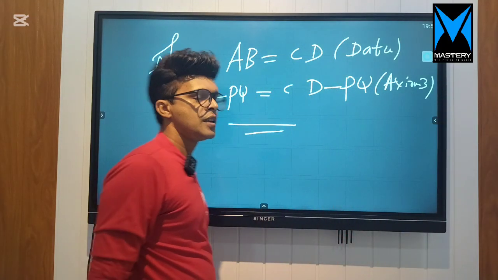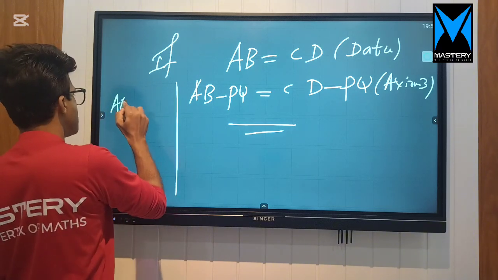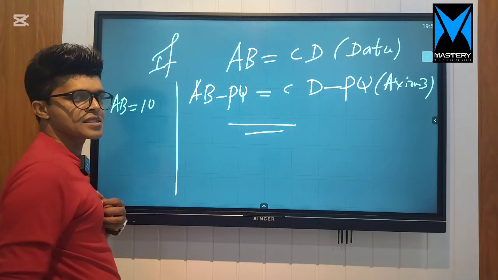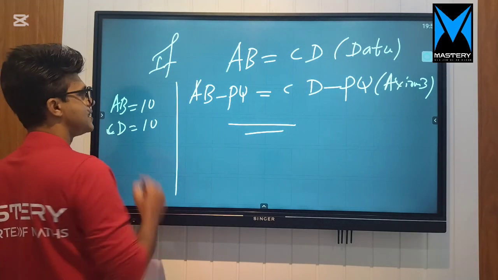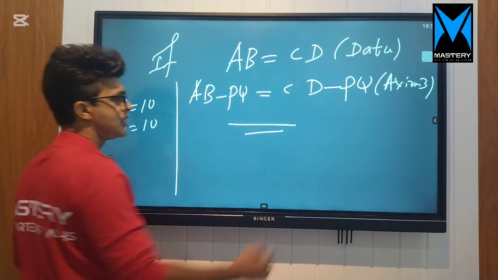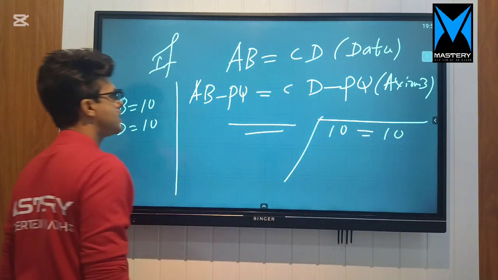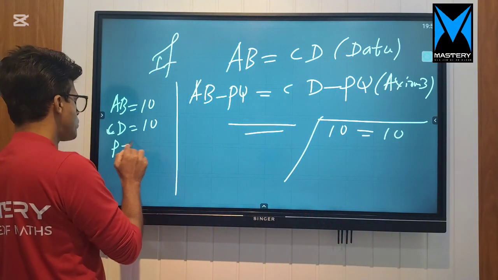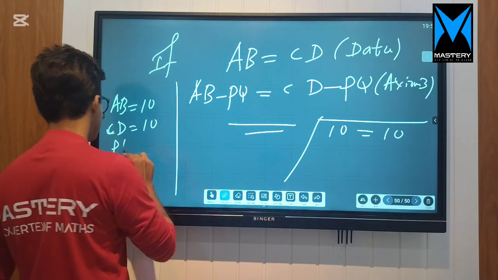Axiom 3. Okay, so I'm giving you values for these. Imagine AB equals 10 cm, then CD is also 10. Just substitute these values, so 10 equals 10. What I'm doing here is taking PQ as 5.